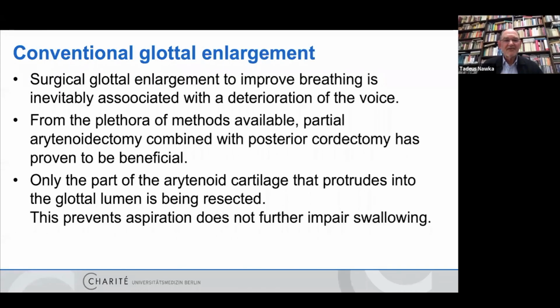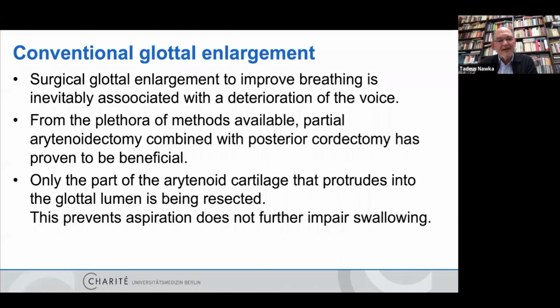So the conventional glottal enlargement is just inevitably associated with a deterioration of the voice, but it's still something that if you cannot do anything else, it's a method that you should offer to the patient.